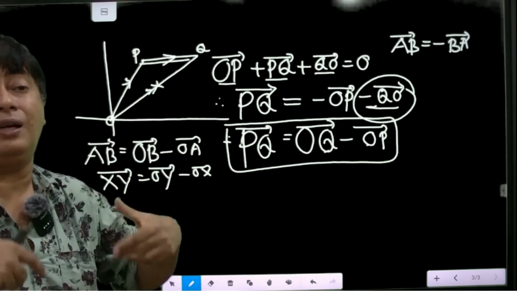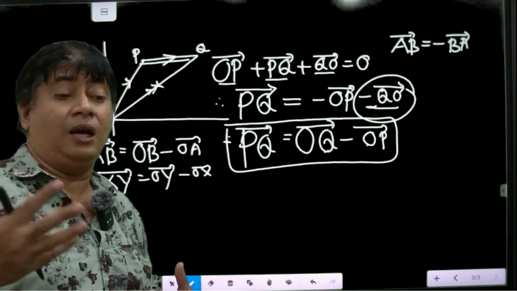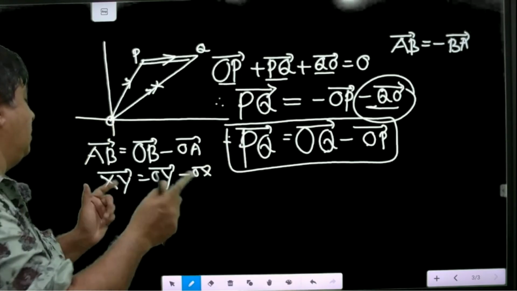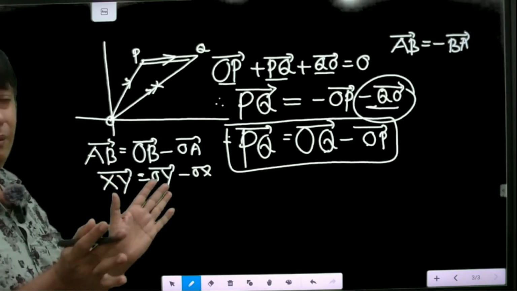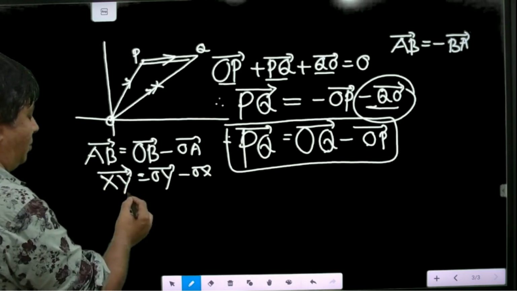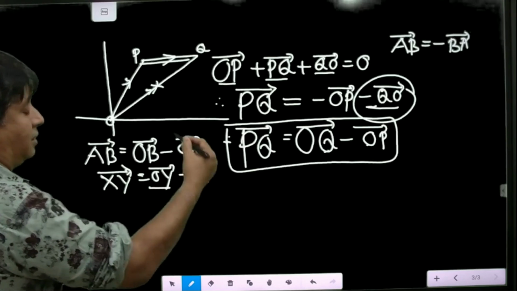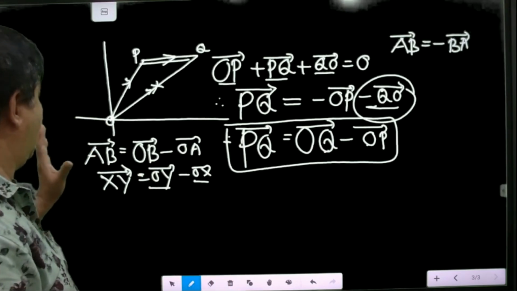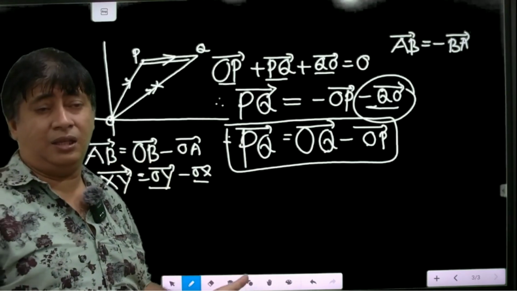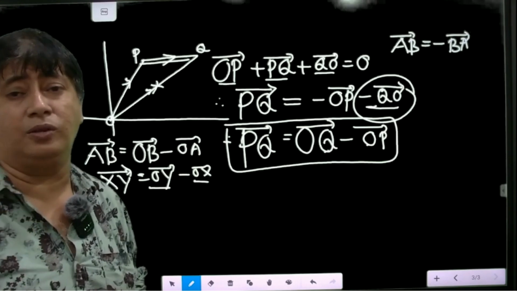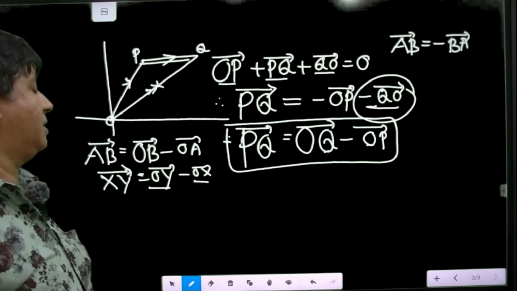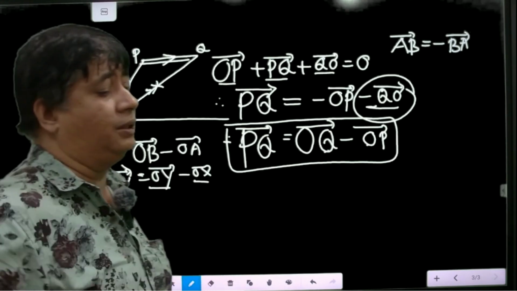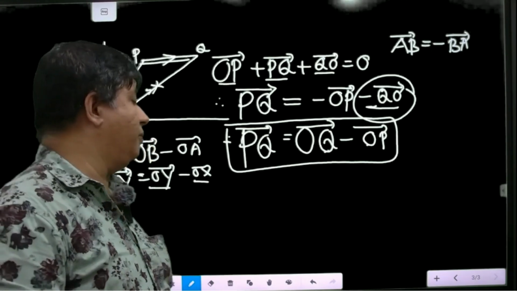Students get confused where to put what arrow sign and what direction to denote. So if I memorize that vector XY is final minus initial position with respect to the origin, then it will be an easy task to understand which direction to put the arrow sign. Hope you understood.